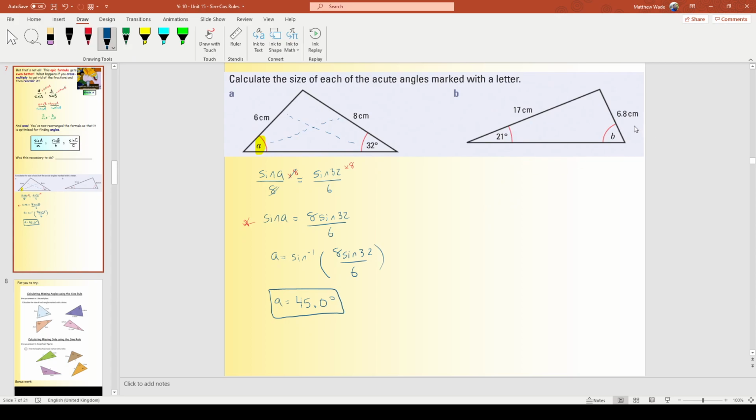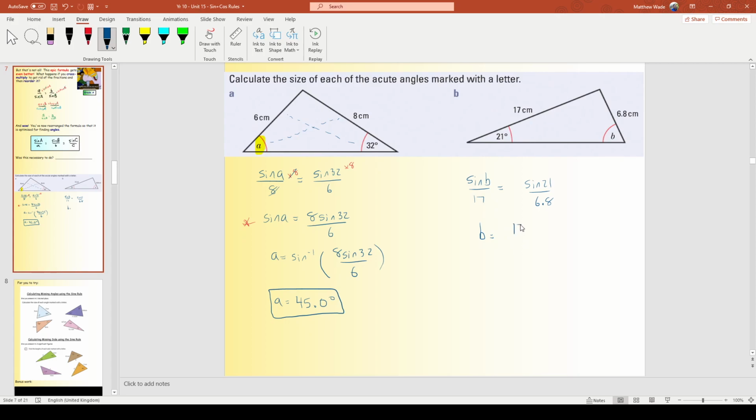Well, here we go. We're after B, so I'm going to go sine B over 17 equals sine 21 over 6.8. Now I'm going to do two steps at once because I'm going to be lazy. You don't have to, but I'm going to cut a step out. I want B, so I'm timesing both sides by 17.